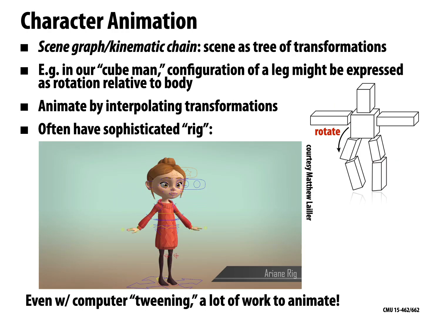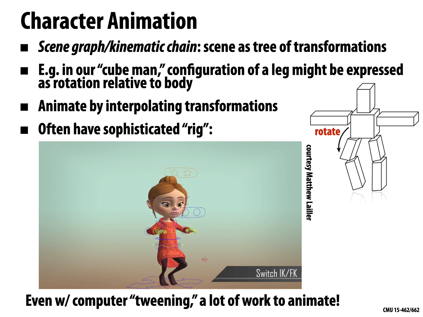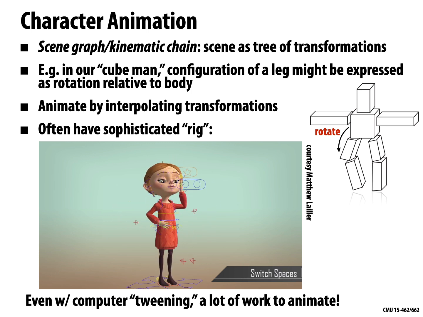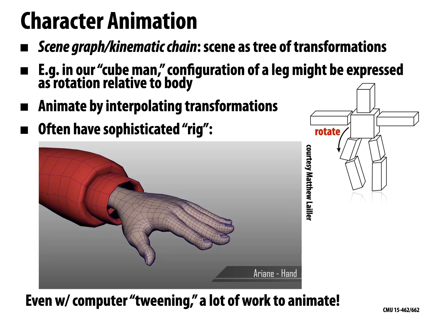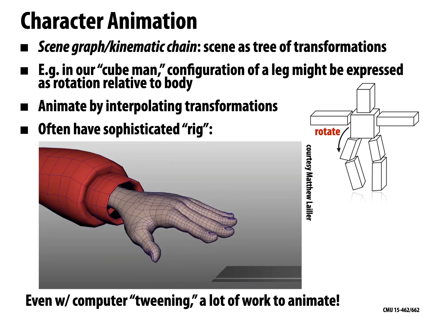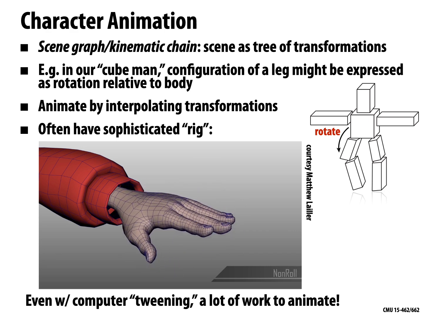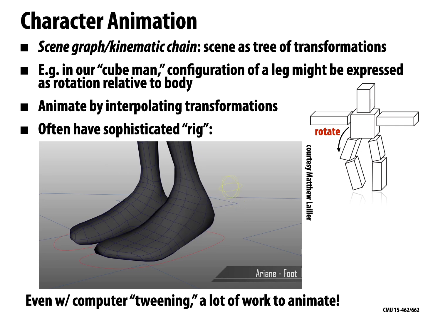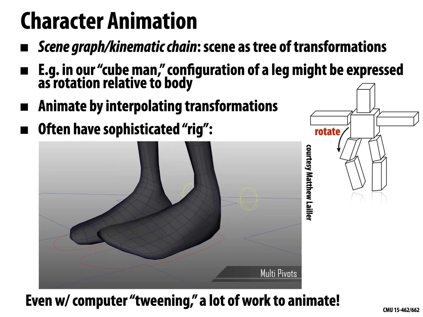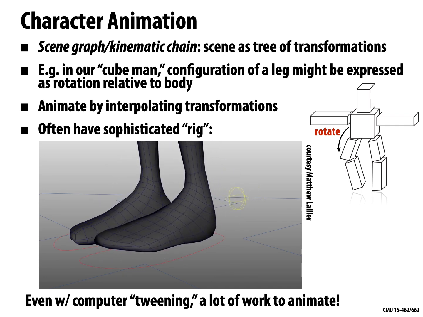In a character animation, if I have a rig or a kinematic chain that describes the configuration of a character as a tree of transformations, right? Much like in your fractal trees, I could be animating the degrees of freedom in those transformations.